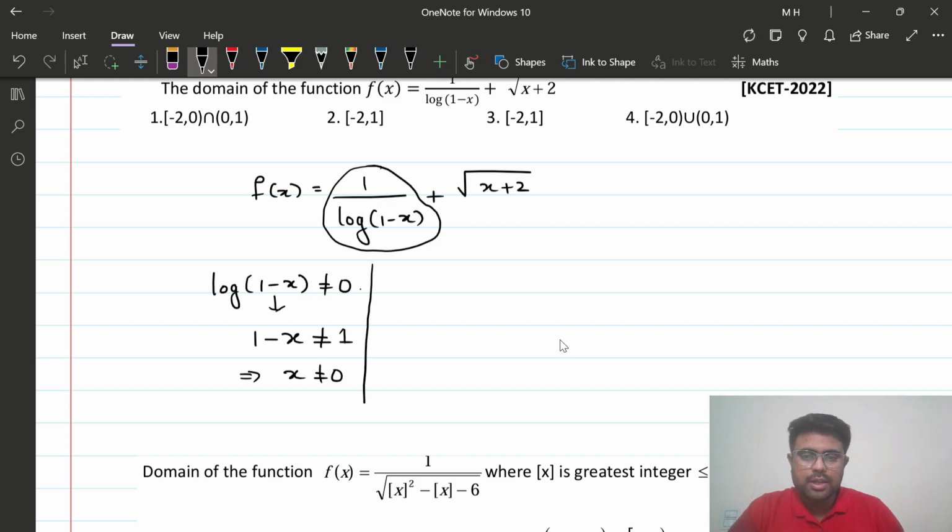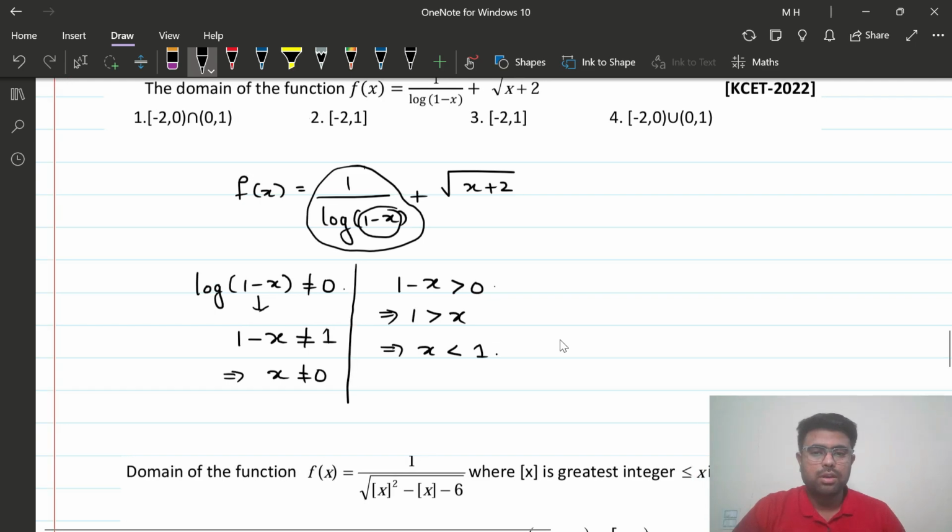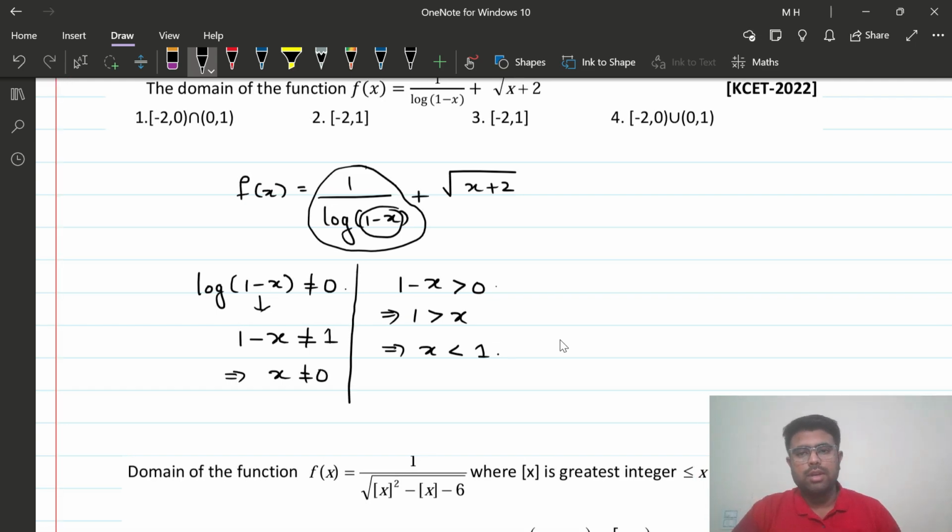The second condition is that inside the logarithm I should get only positive numbers. So 1 minus x has to be positive. This implies 1 greater than x, so x must be less than 1. So x must be strictly less than 1. The third condition comes from x plus root of x plus 2.